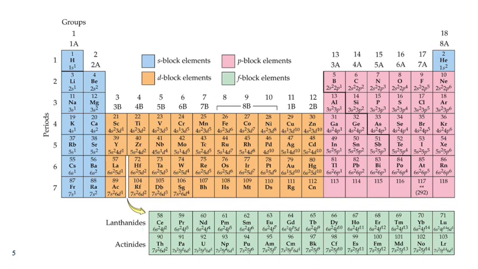So now it's going to fill up the 4f sublevel before it comes back and starts adding in the d orbitals. There are some irregularities in here. We're not going to worry too much about them. Remember learning about this? Any questions right now?